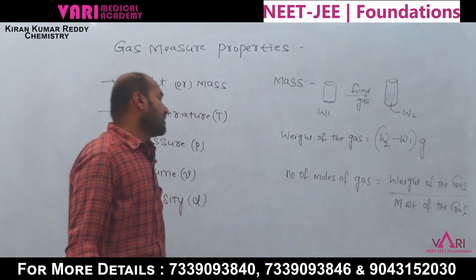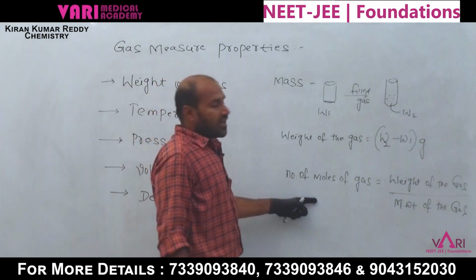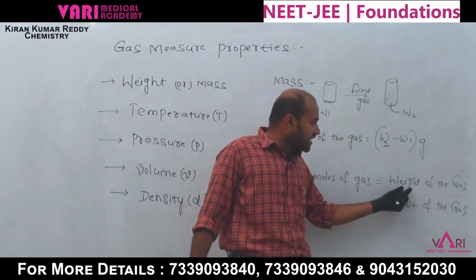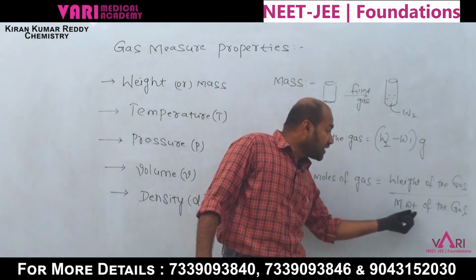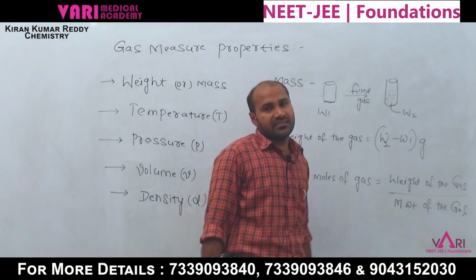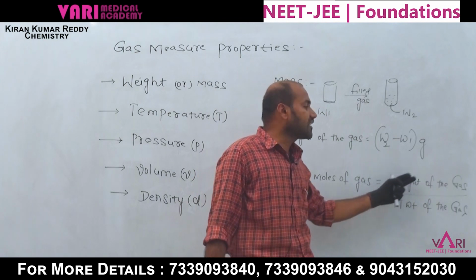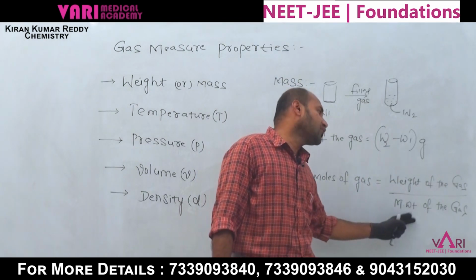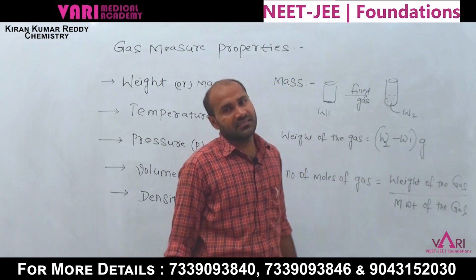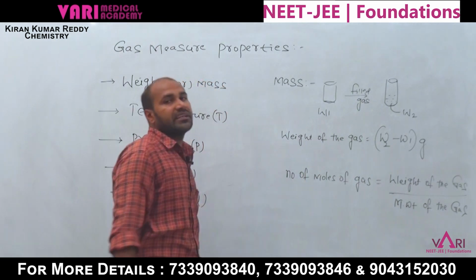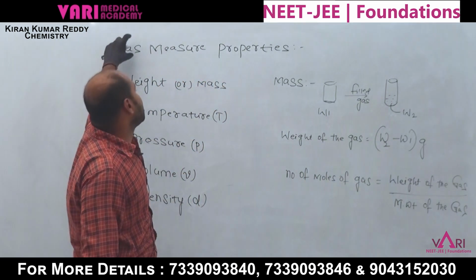How to remember? Number of moles of gas is equal to weight of the gas by molecular weight of the gas. Otherwise we can write mass of the gas by molecular mass of the gas. This is the first parameter to measure the gas.